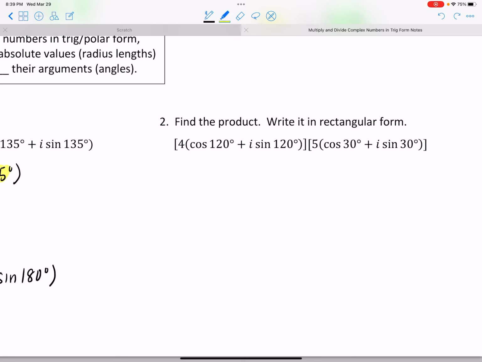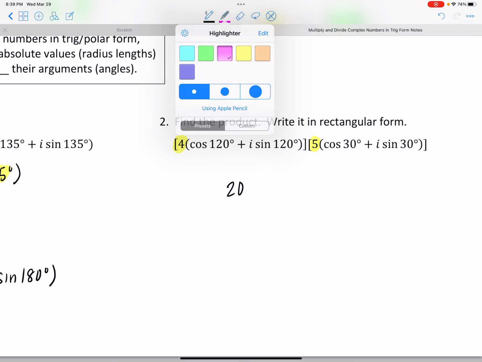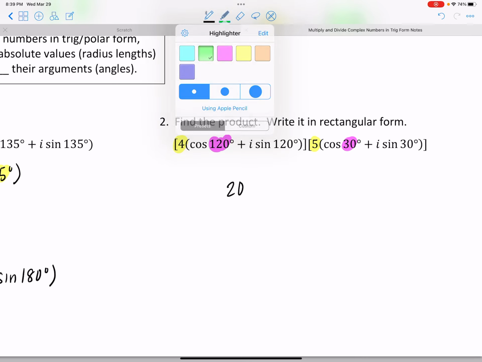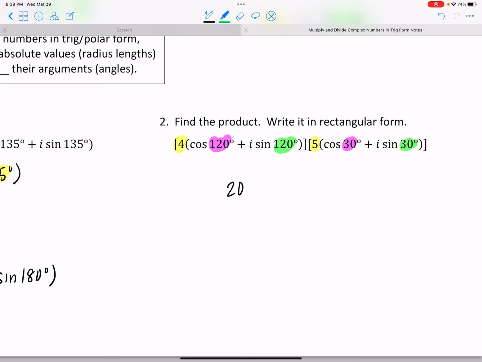If we want to just multiply here, we're going to get a new radius length of 20, and then add the angles. So we can either choose to add this 120 with this 30, or we could choose to add this 120 with this 30, but it doesn't matter.